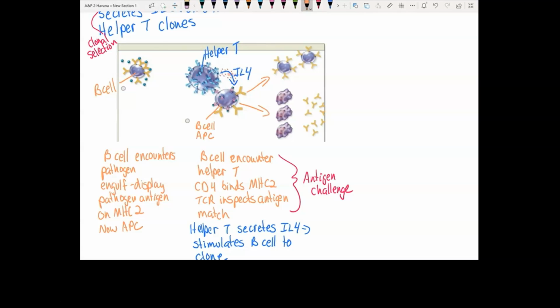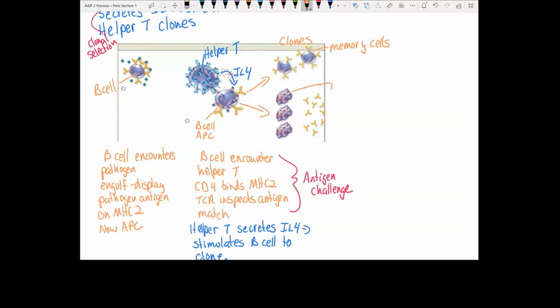Here are your clones of the B cell. Notice you have two different types of clones. These clones are memory cells. You're going to keep these, set these back and save them so that if you ever have this same pathogen again, you can already have an army ready to go.